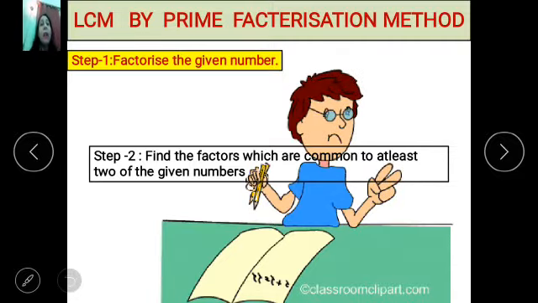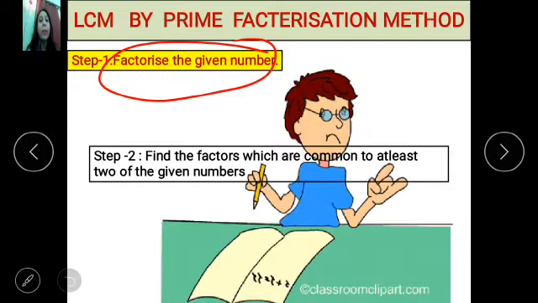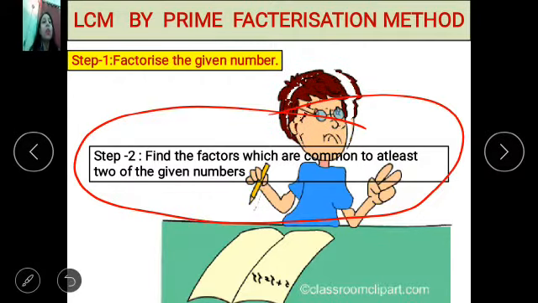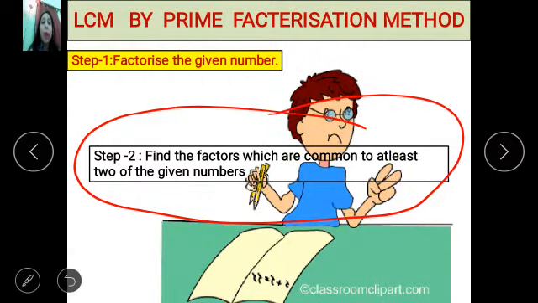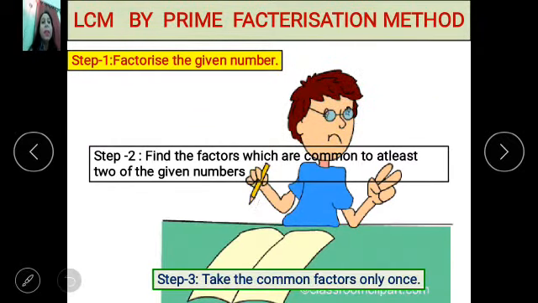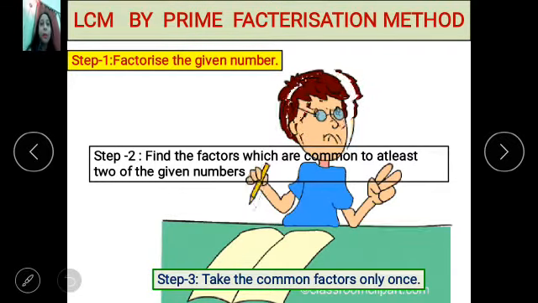Factorize means first we find the factors of each given number, and then we find the factors common to at least two of them. The third step is to take the common factors only once. So only once you have to take that common factor.